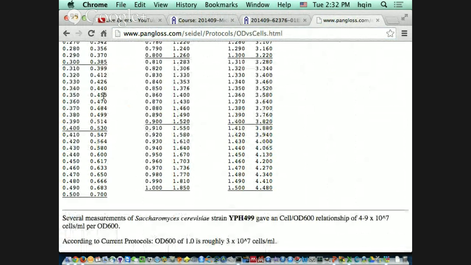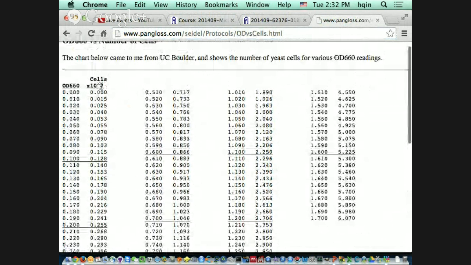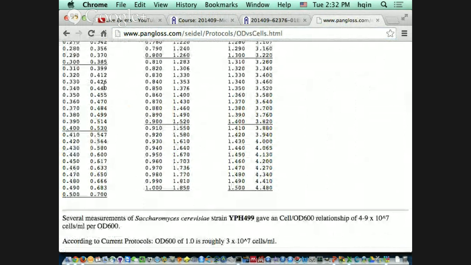That's per mil. Oh, but we are doing it in microliters, so maybe that is the right number. Divided by 3, that would be 10 to the 4. So I have 1.85 times 10 to the 7 per mil. That's 10 to the 4th per microliter. 1.85. Seems to be. Is that correct?